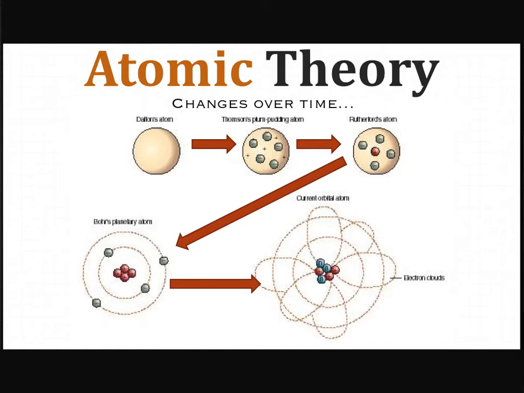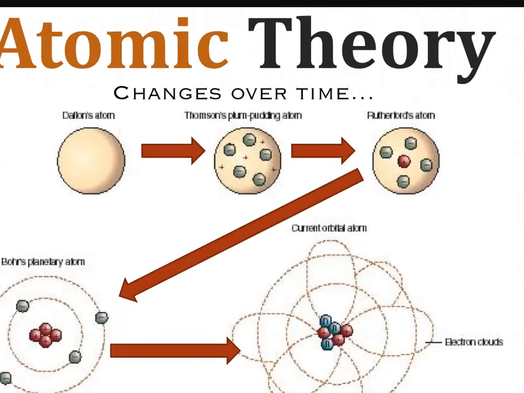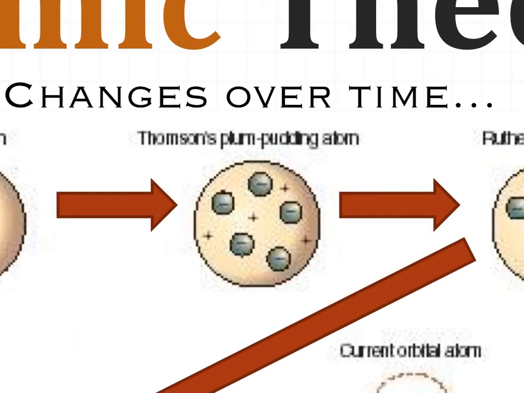So when he starts looking at all these complex different types of matter, like himself, plants, birds, he started saying, okay, well, how do we have this matter? And so that idea that everything's made up of a small atom started to evolve. We then started to see a change in what the actual atom looked like, from just being a sphere of mass to then having a plum pudding atom, if you look there, where we kind of just have the negatives and the positive just kind of sprinkled throughout.